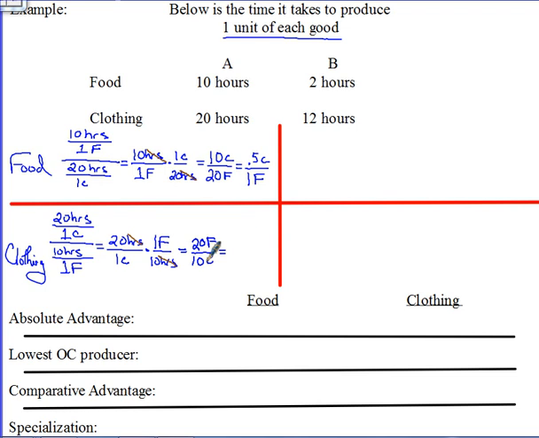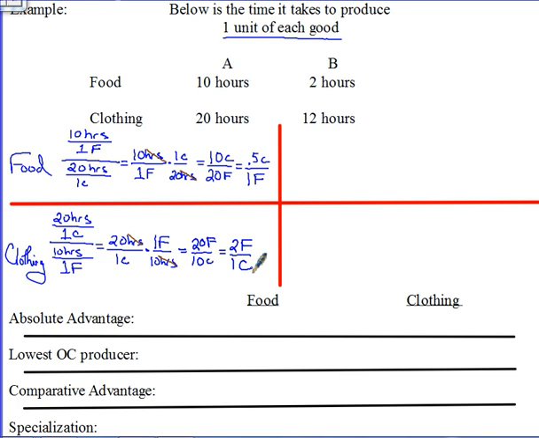And so we got what we wanted. We got the good that we're analyzing in the denominator. It started in the numerator, worked its way down to the denominator. And then, of course, 10 divided by 20 is 2 food over 1 clothing. So those are A's opportunity costs for producing food and clothing.